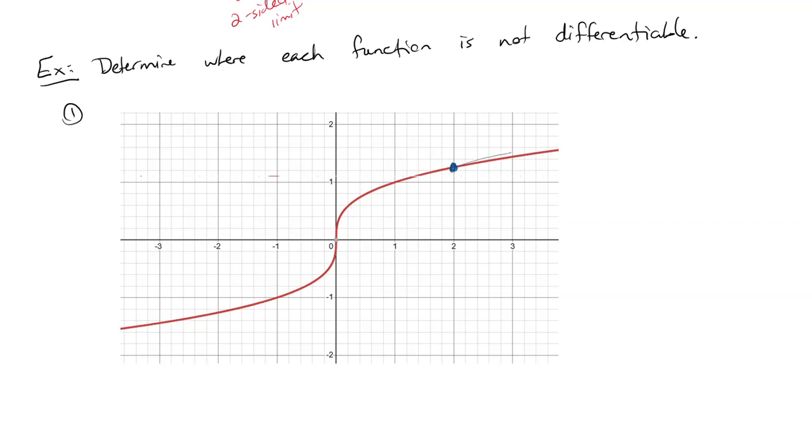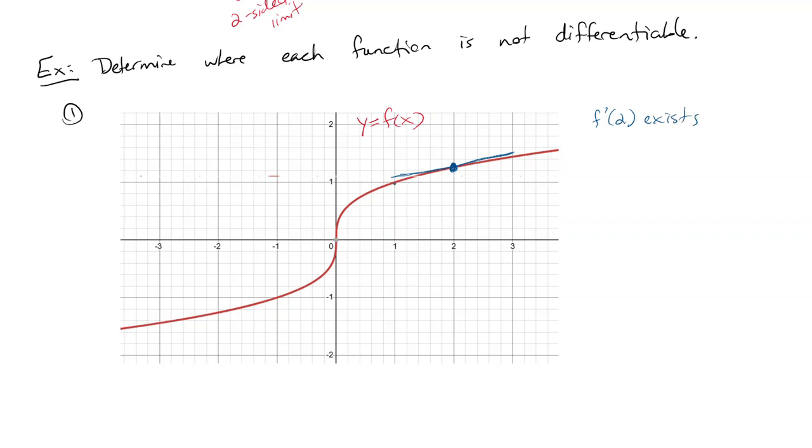Well, it would be the slope of the tangent line right here, which is some finite value. So this graph is y equals f of x. We can say that f prime of 2 exists. It's some positive slope, some finite number.